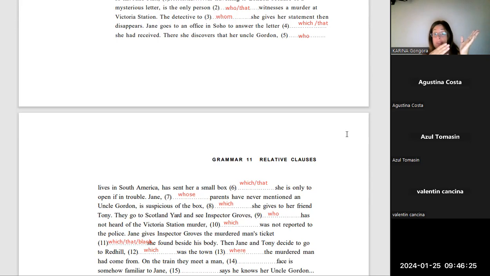So you're going to say "Paris, where the Eiffel Tower is," because something happens there. Do you understand? When you treat a place as an object, you use "which." And when you treat a place as a place where something happens, you use "where." So, where the murder man had come from.